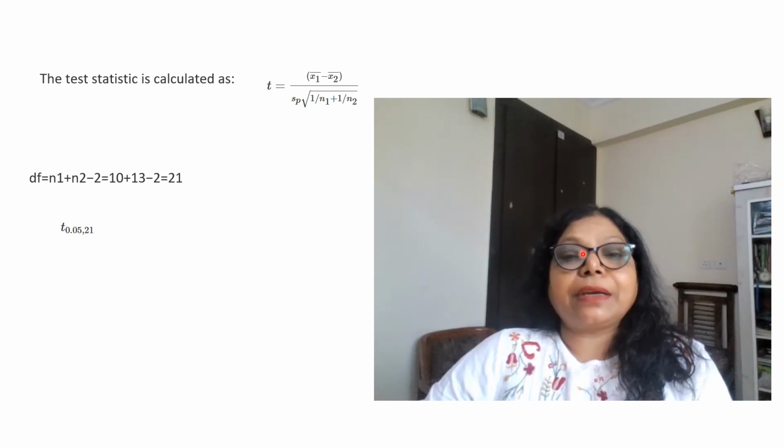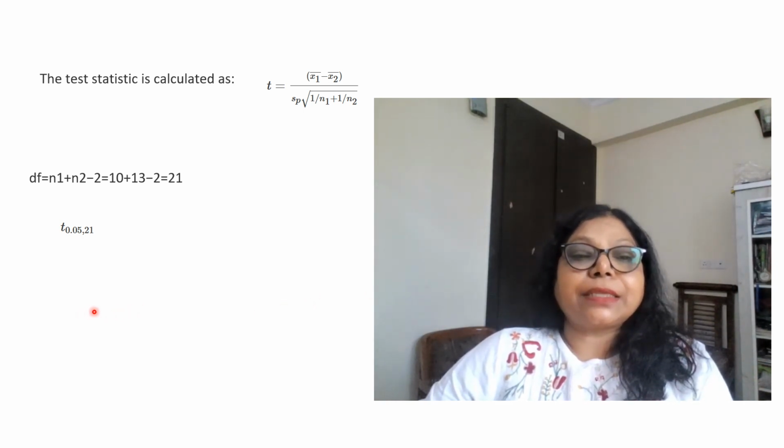Likewise, the t value with alpha 0.05 and 21 degrees of freedom is 2.080. There are two possible results from our comparison.